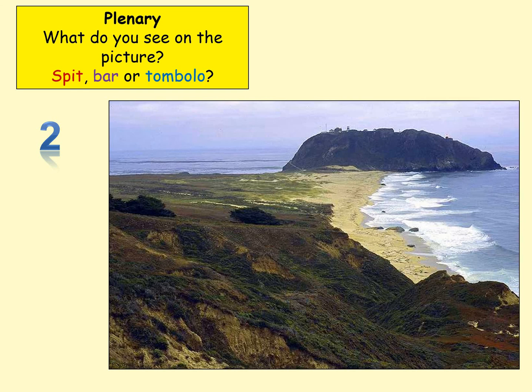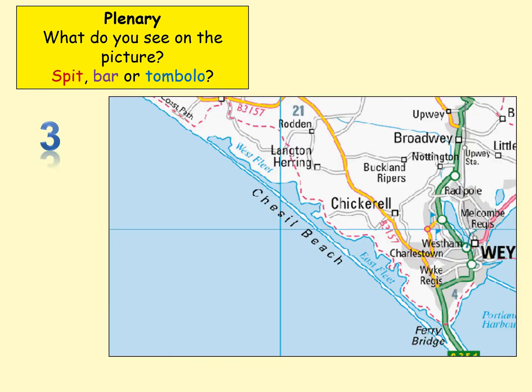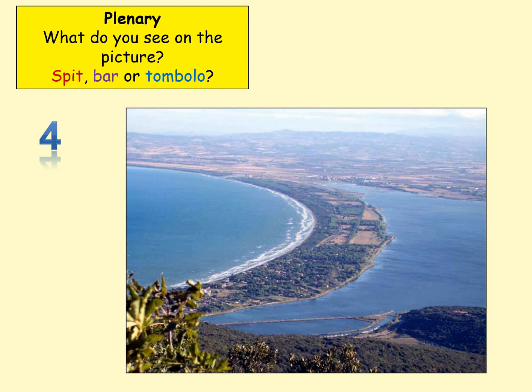Well, you'll probably notice another island at the end adjoining to the deposition. So this must be a tombolo. 5, 4, 3, 2, 1. This is a very long example of a bar. 5, 4, 3, 2, 1.